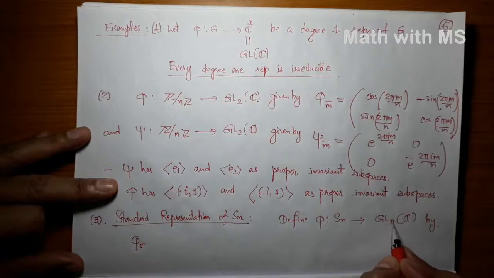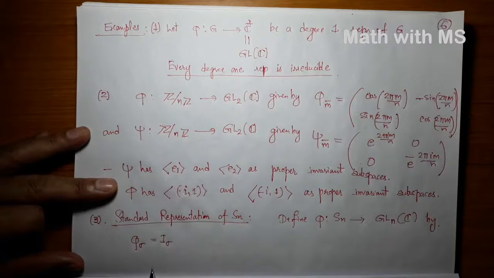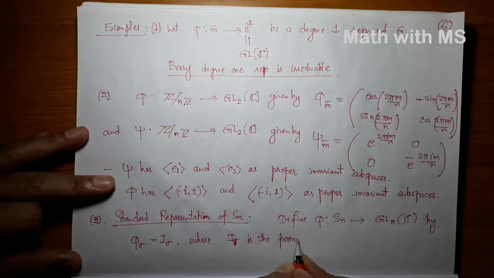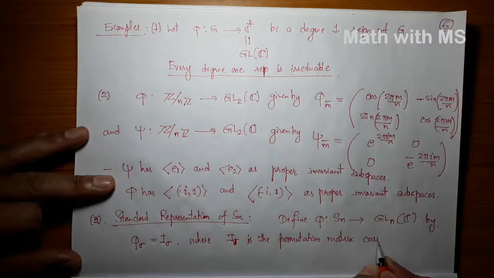I already talked about it in the first video. Phi of sigma is just the permutation matrix corresponding to the permutation sigma, the matrix where I sigma is the permutation matrix corresponding to the permutation sigma.